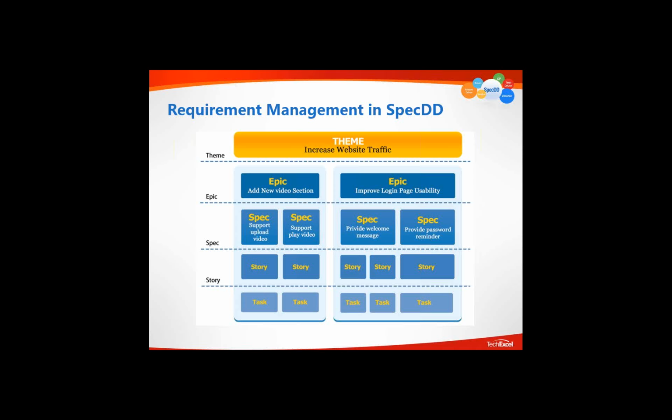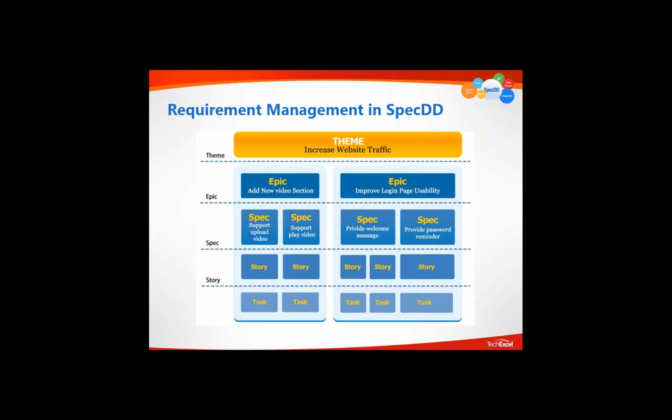I often emphasize a requirement space really represents a conceptual product, meaning the requirement space, which consists of requirement theme, epic, and spec, really represents conceptually what is a product in the product owner's brain, or in a group of people's view of the product, in your designing, in your brain image.